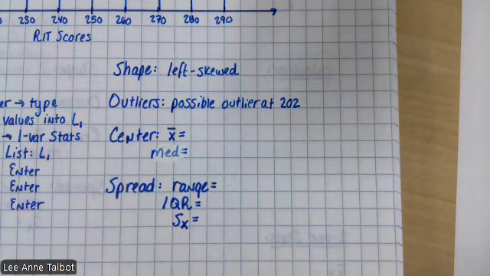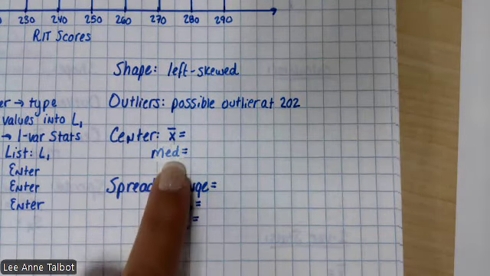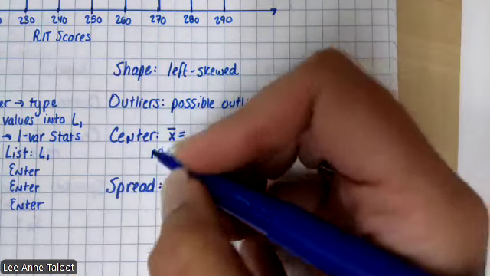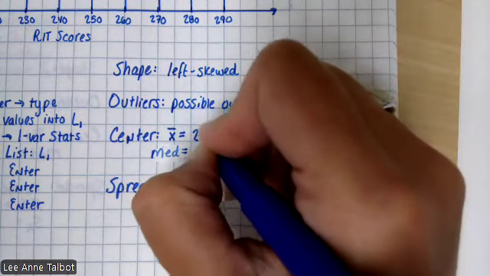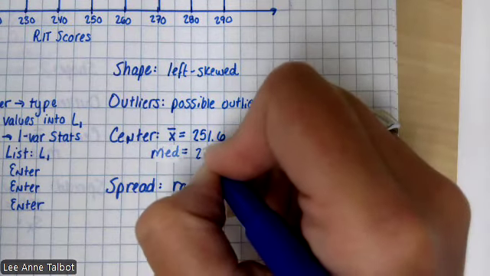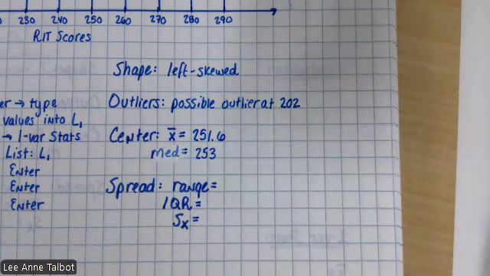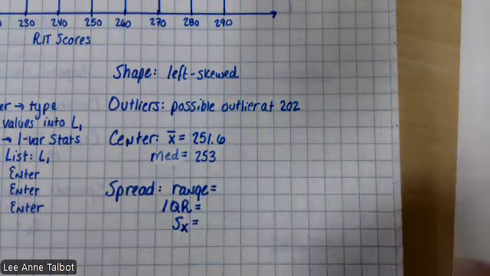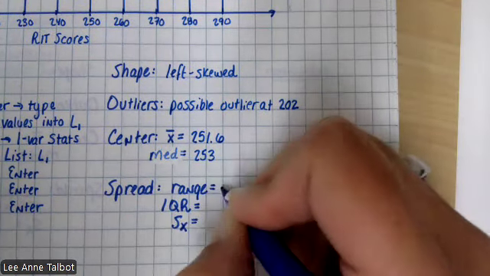If I want you guys to recognize an outlier, I'll usually make a gap there. Okay, and then these two I'm just going to copy straight off my list. So this was 251.6. This was 253. Range is max minus min.